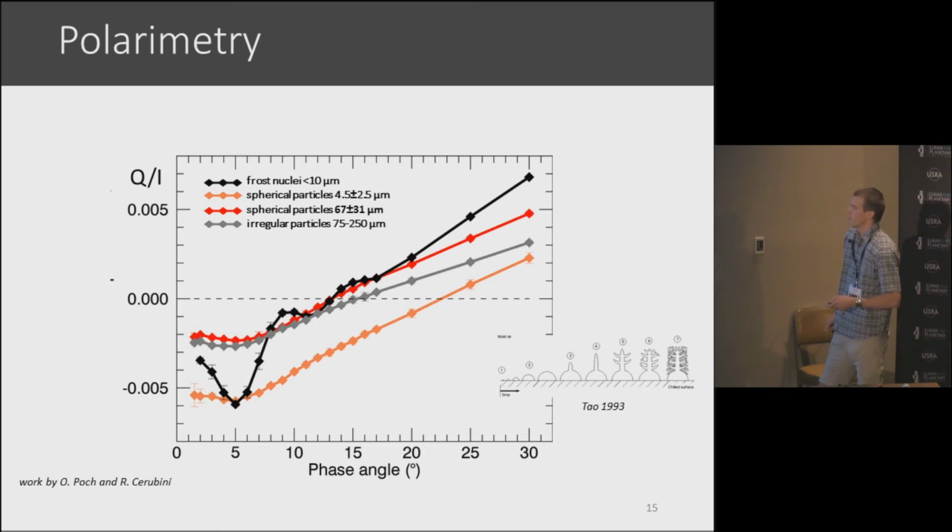When we measure frost condensation on the surface or on ice, we always see this glory effect in polarization. This is when the frost nuclei are still spherical and don't have the dendritic structure that frost usually shows after a certain time. And this difference comes from the internal structure.